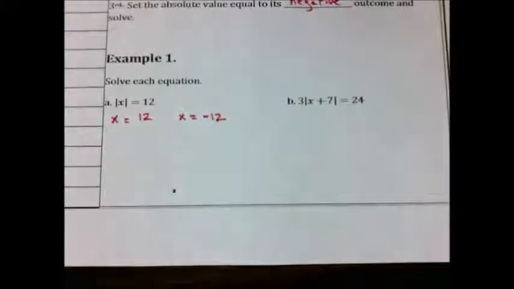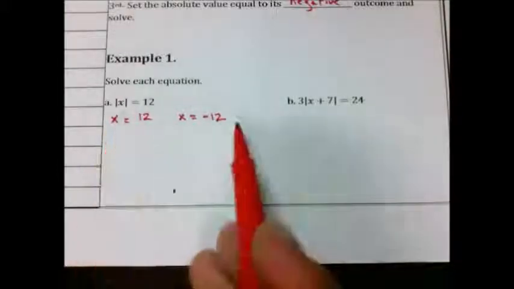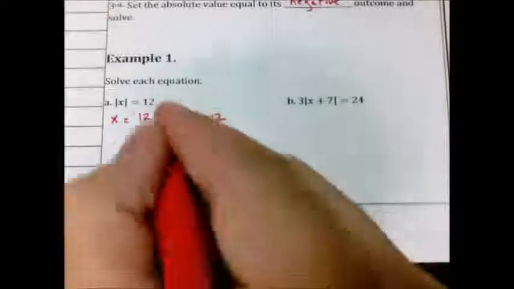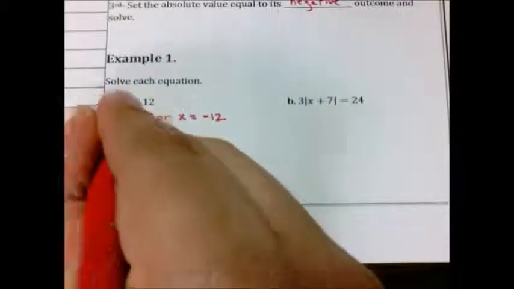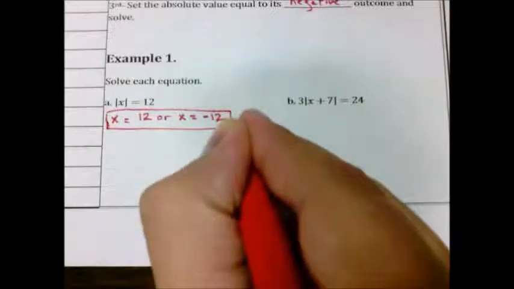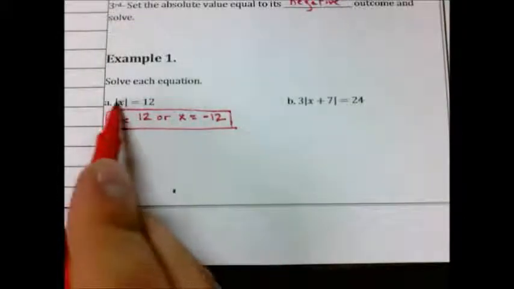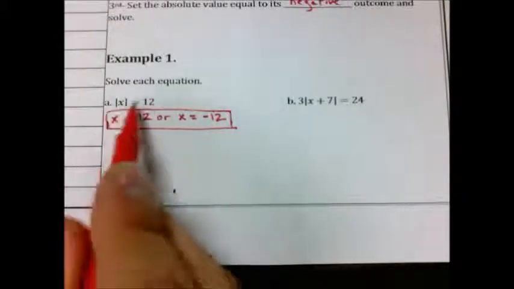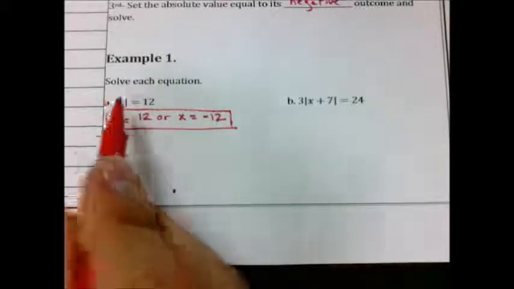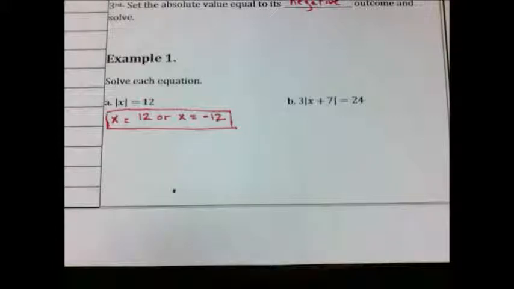Now we just go about solving. We've already solved for the variable, so we get x equals 12 or x equals negative 12. And we can see that we're right: if we plug these two numbers into the absolute value of x equals 12, we'd get 12 equals 12, and the absolute value of negative 12 is positive 12, equals 12 again.